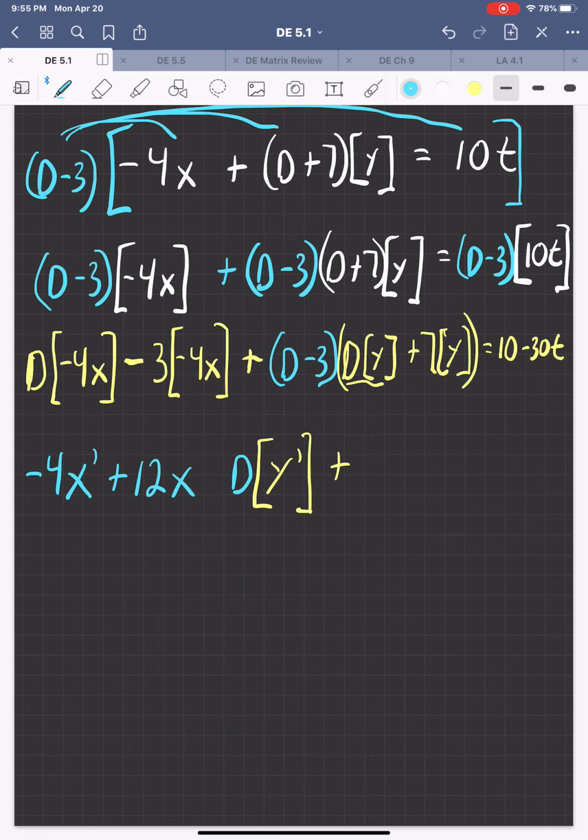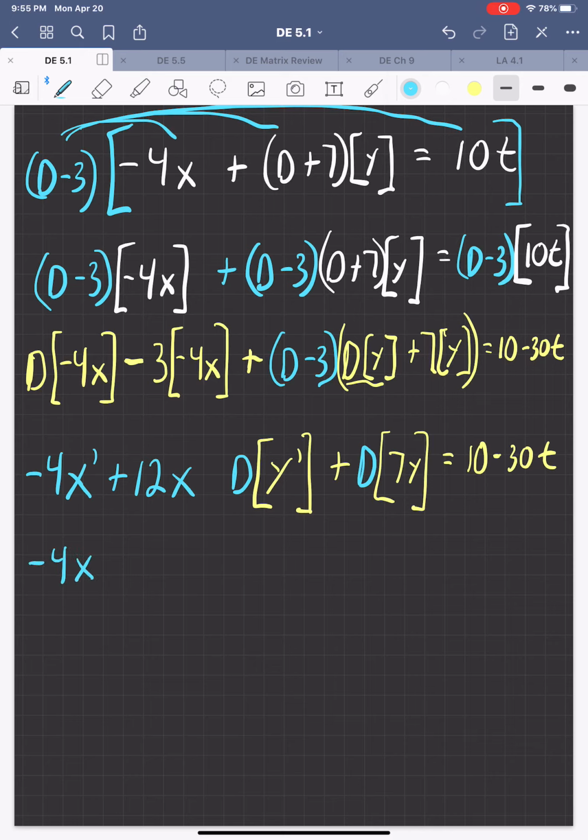Okay, now we have our d operating on, and that's 7y. And that's still equal to 10 minus 30t. Okay, so one more round of differential operator, and then we'll see what this new equation 2 looks like.